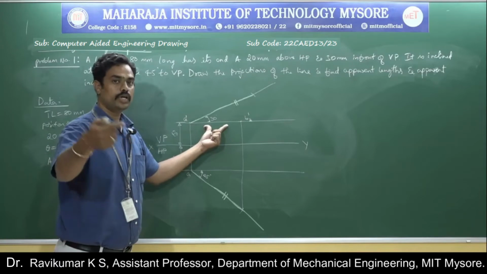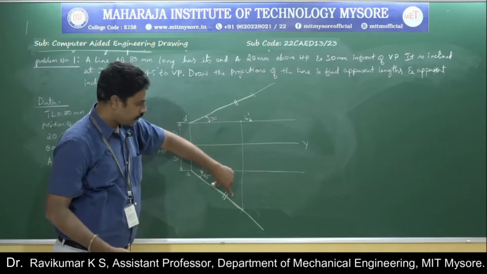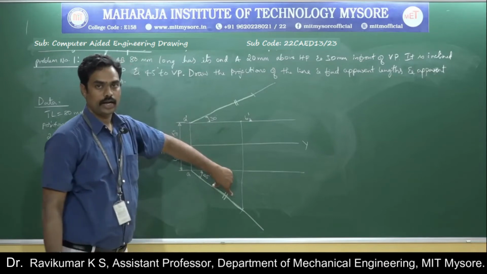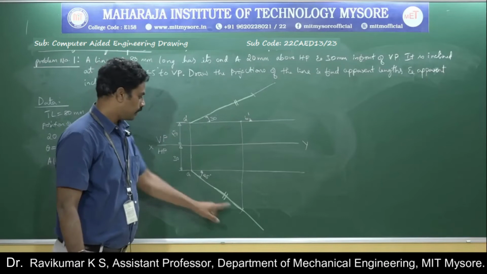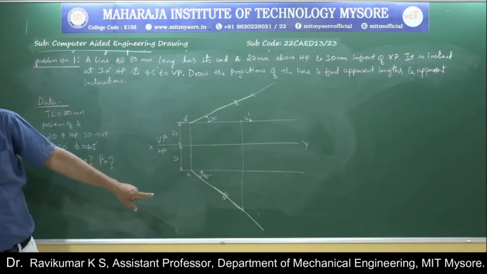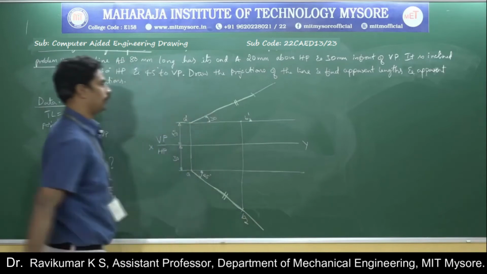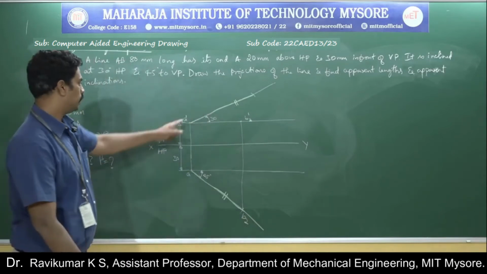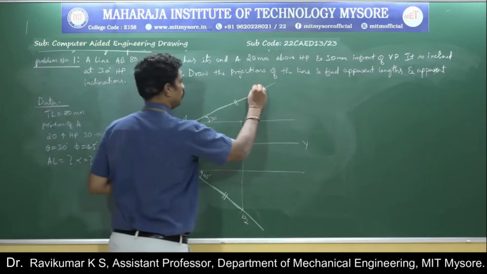Inclined to VP and parallel to HP. So in the front view it will look like a straight line, and in the top view it will look like an inclined line. So this is one of the cases: A dash, B2 dash, A, and this one is B2. Similarly, this is A1 and that one is B1 dash.